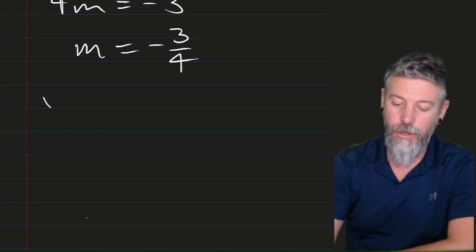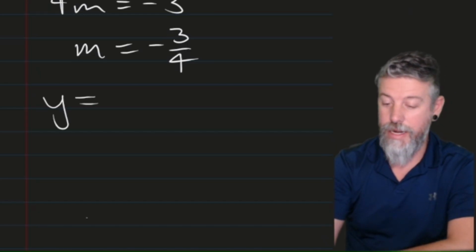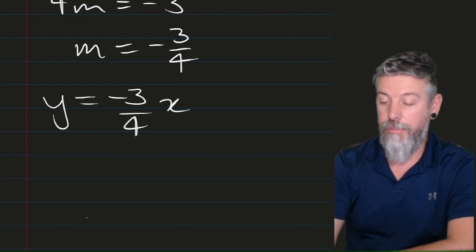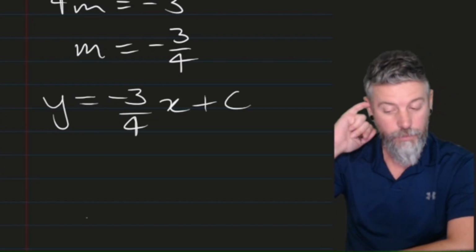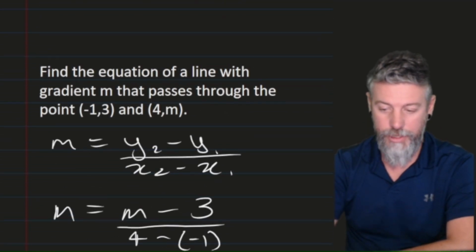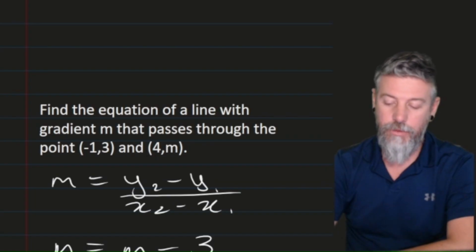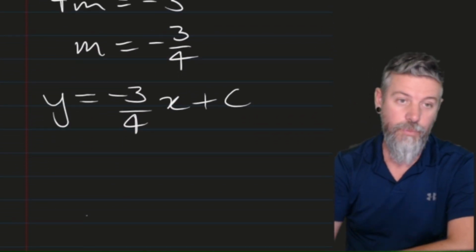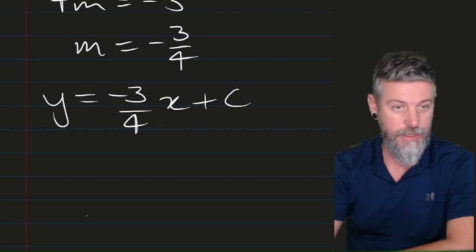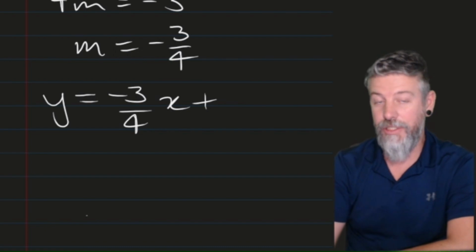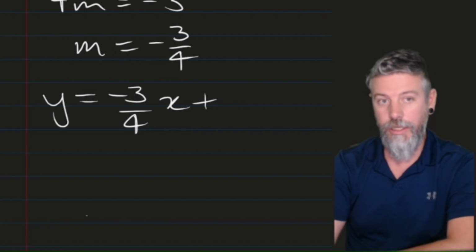So if we've now got y equals -3 on 4, x plus c, we want this to be able to work for the points that we have. Now, if we do have a gradient of -3/4, we can, again, fill this c in. So we know that it's going to go down 3 and run 4, but it's going to go down by 3/4 when it runs 1.